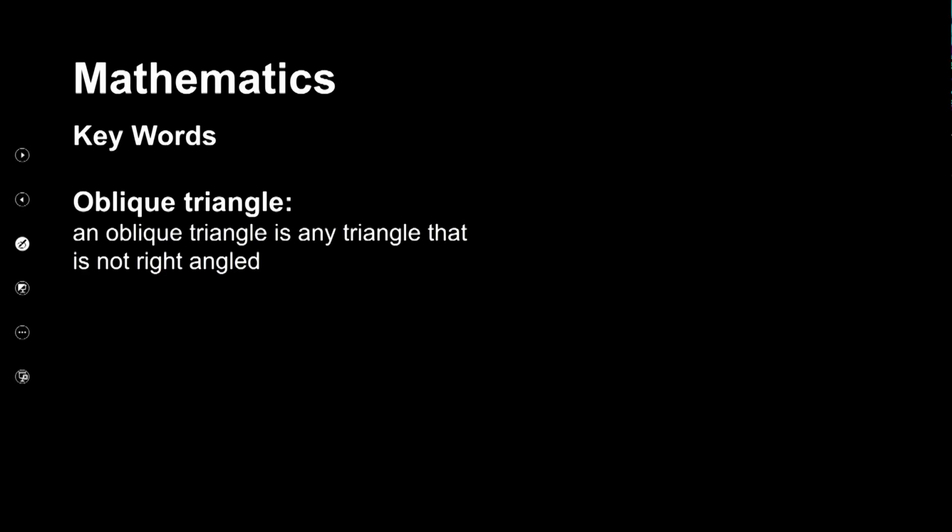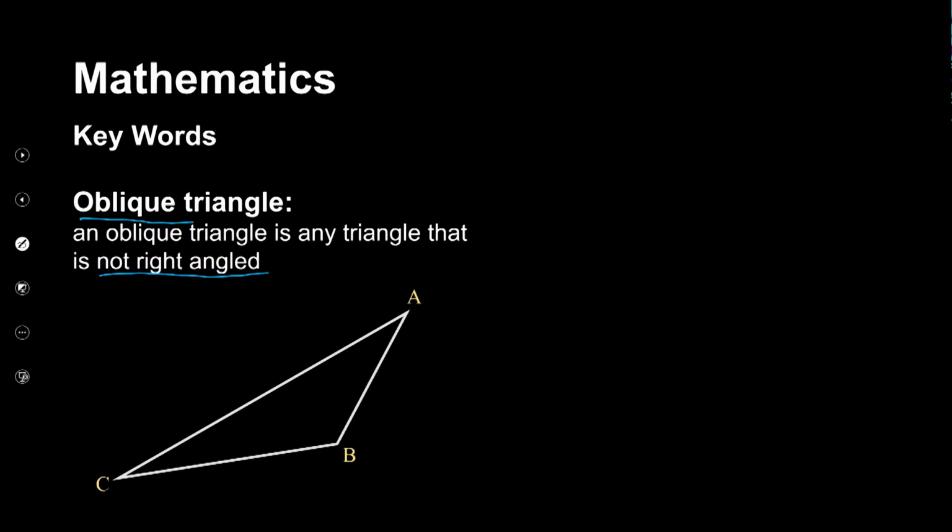Before we start, we need to get through some keywords. The first word we're going to deal with is oblique. An oblique triangle is a triangle that doesn't have any right angles in it. So in this triangle ABC, you can clearly see that none of these angles are right angled.